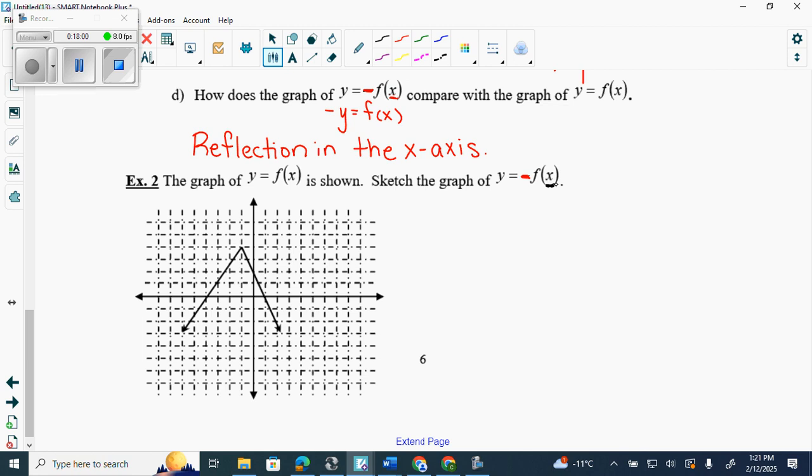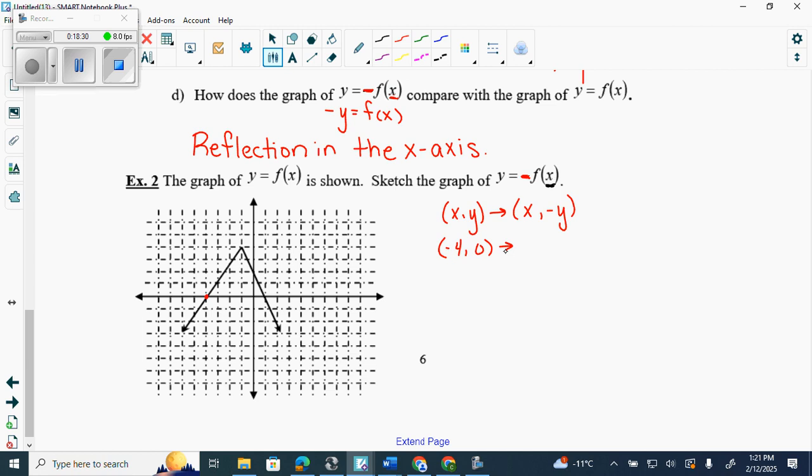Okay? So my mapping is going to be x, y becomes x comma negative y. True? So unless it's in that bracket with that x, in mapping it will affect the y's. In words, it will affect the y's. Okay? So let's move some coordinates. I'm going to take this one, which I'm going to say is negative 4, 0.